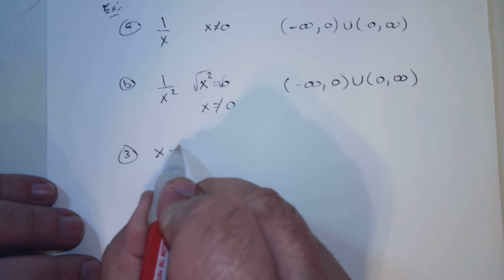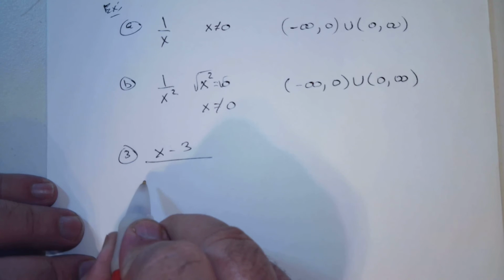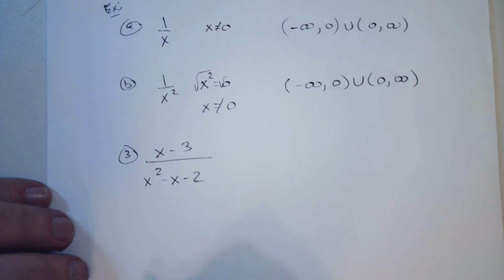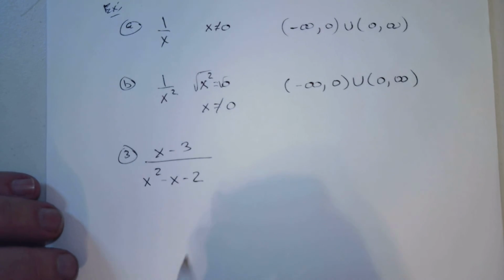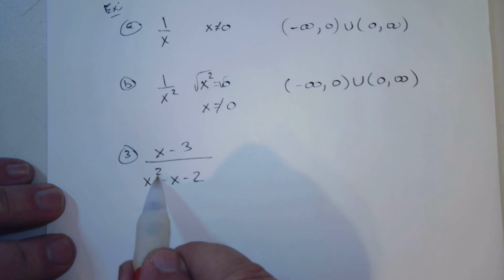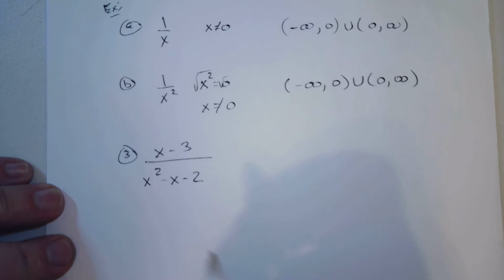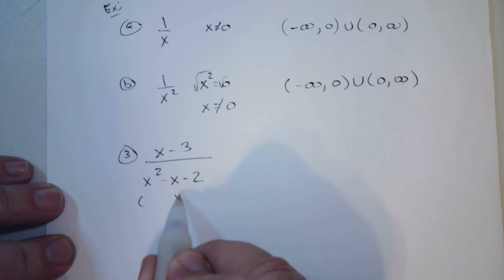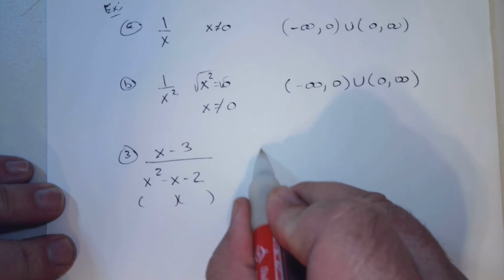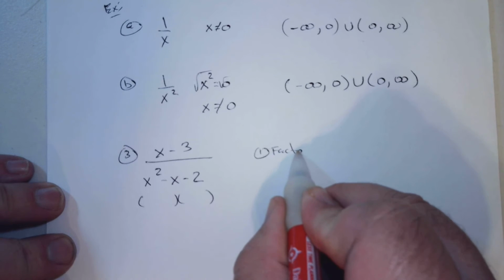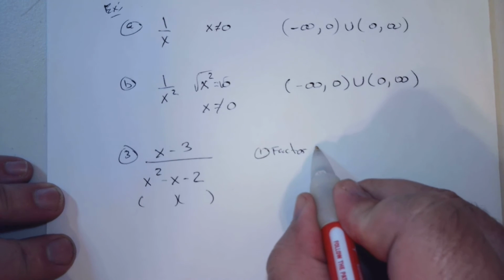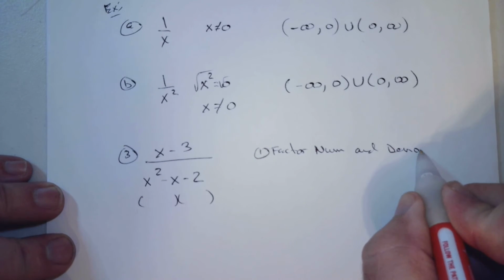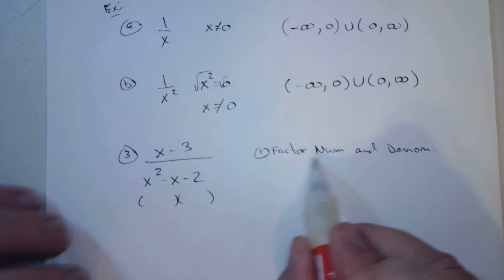Let's look at this one. Since this is a quadratic, the first thing we have to do is factor the denominator. Factor both numerator and denominator. We'll eventually use this later.